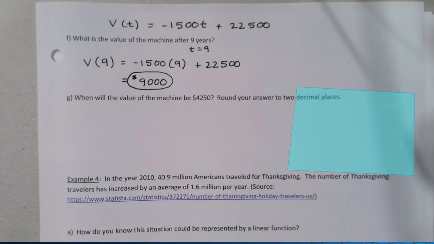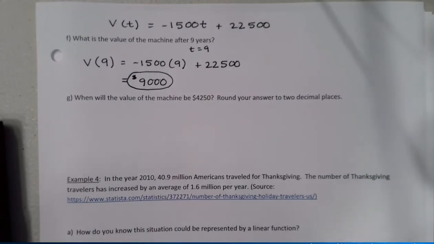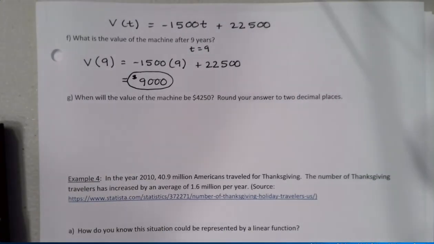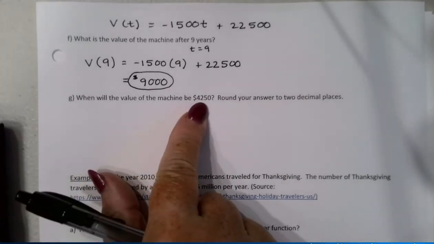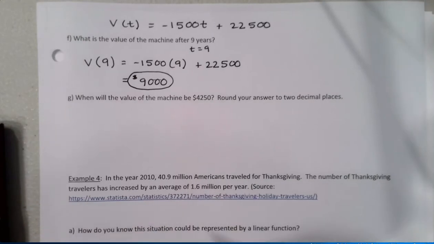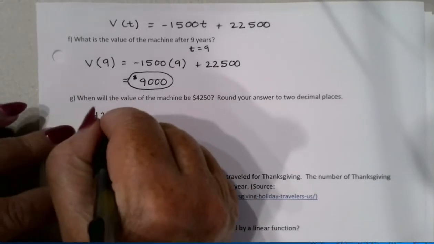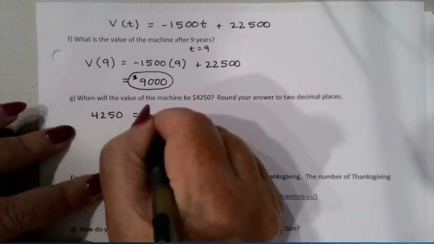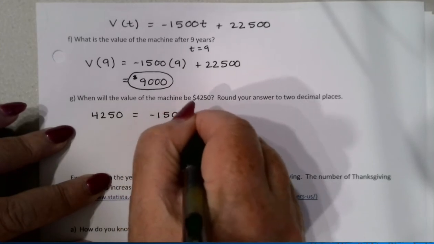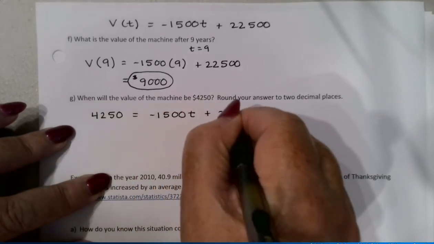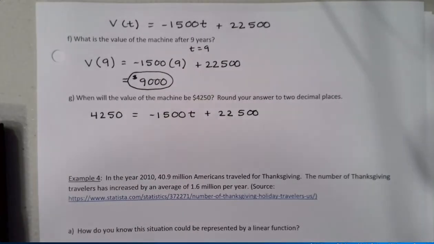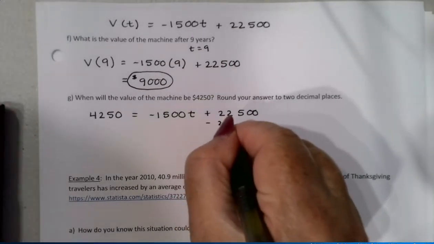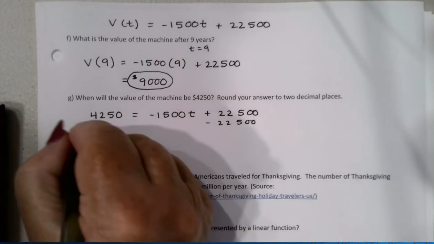And then one last question. When will the value of the machine be $4,250? So that's the value. I want to put that $4,250 in for V. All right, and to solve this by hand, I'm going to subtract the 22,500.